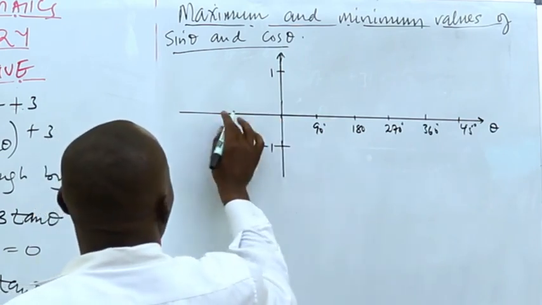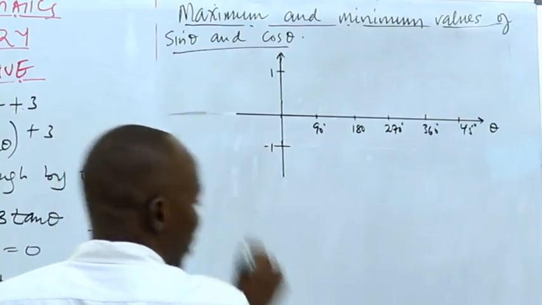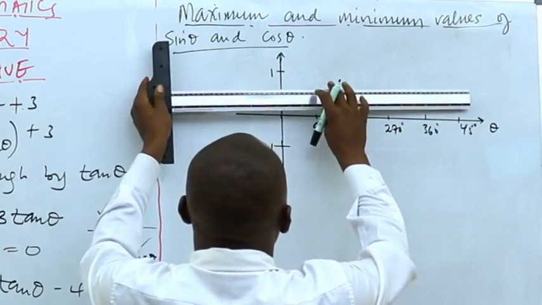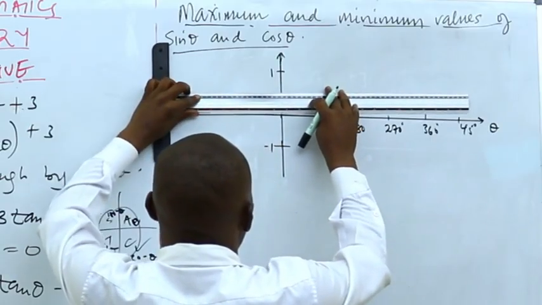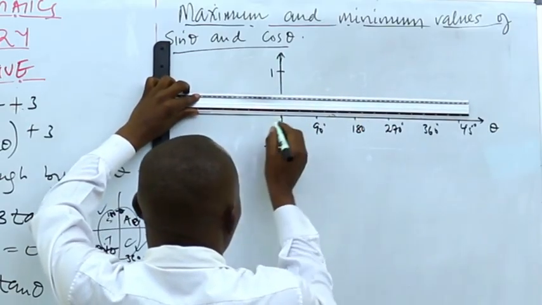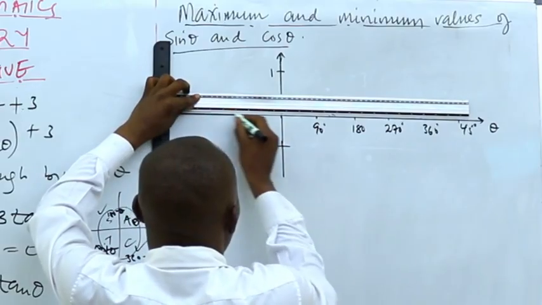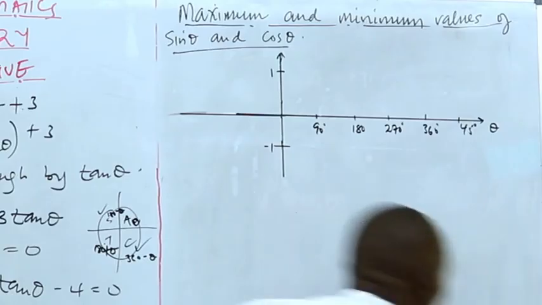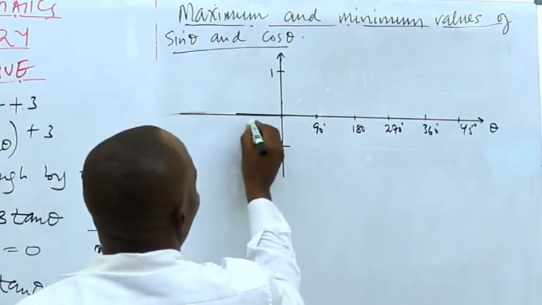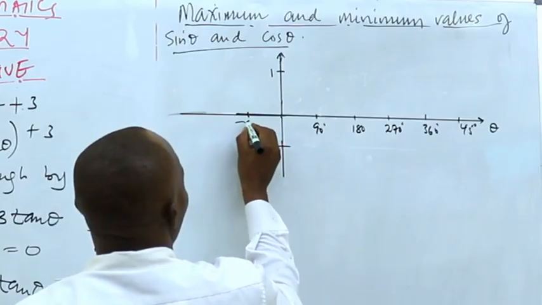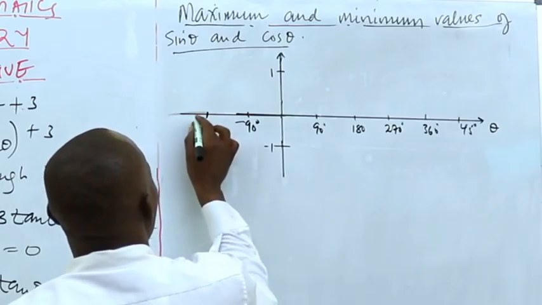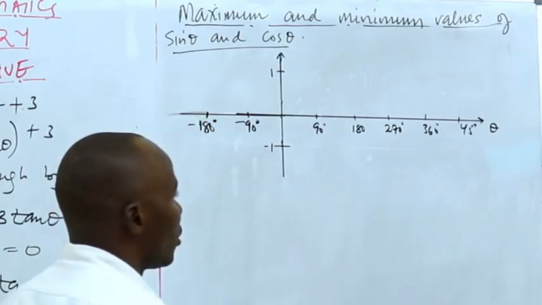I can move on the left hand side and have negative 90, negative 180. All those are degrees and so on.